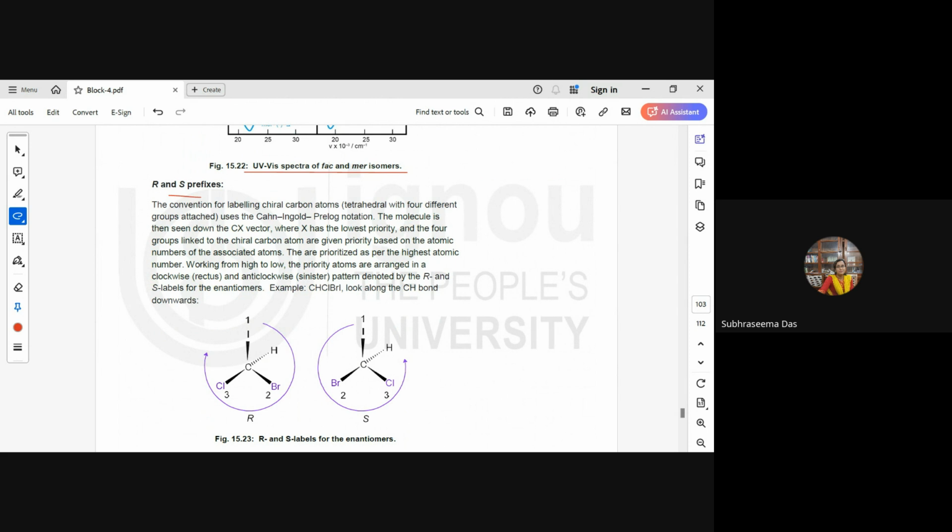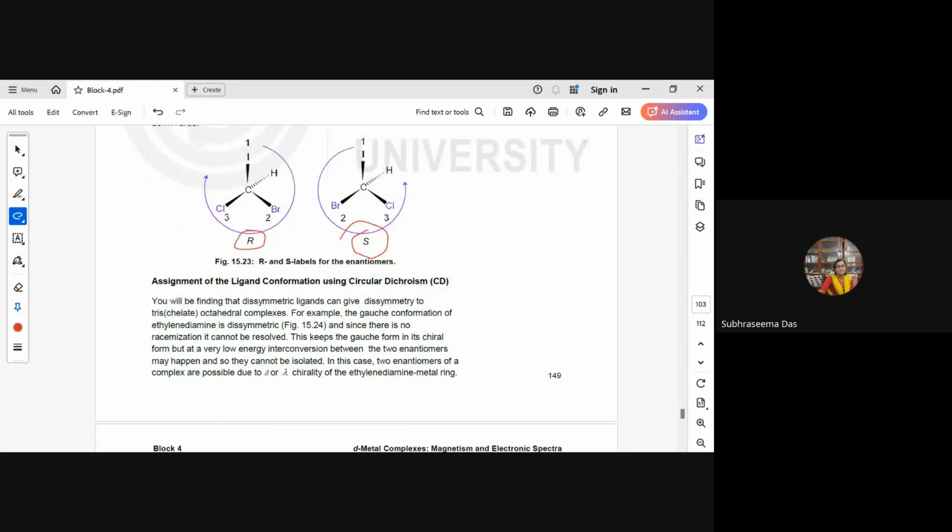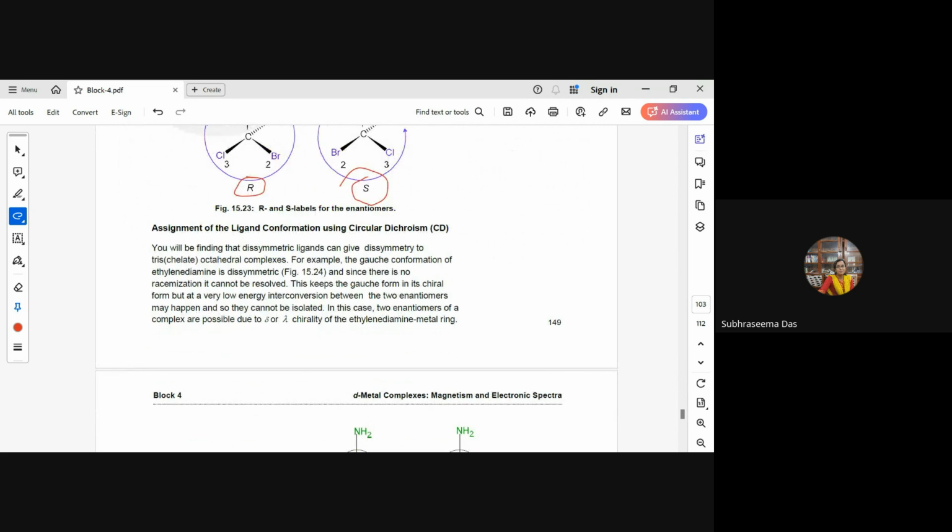So if we look into figure 12.23, in the RS configuration, if the priority of the groups moves towards the right hand side, in a clockwise manner, it is called rectus, or R notation. But if the priority of the various groups present on the metal moves anti-clockwise, that is sinister, it is given the S notation. So this is how we give R and S notation for different enantiomers.